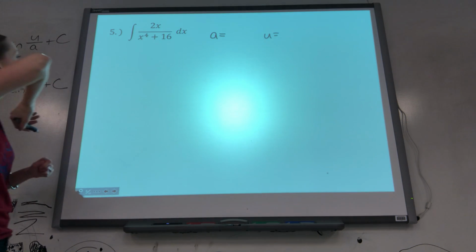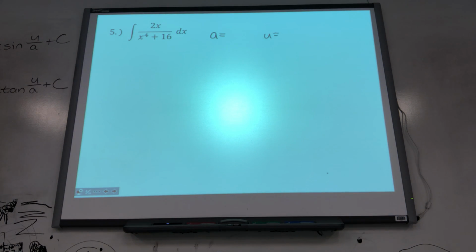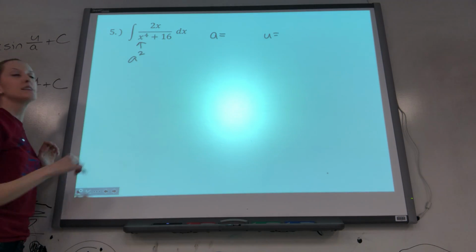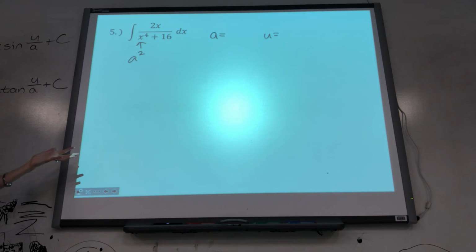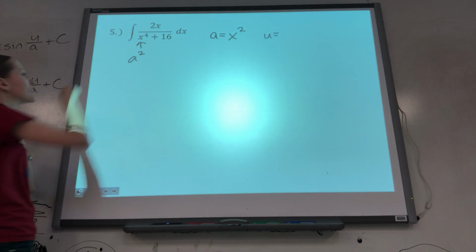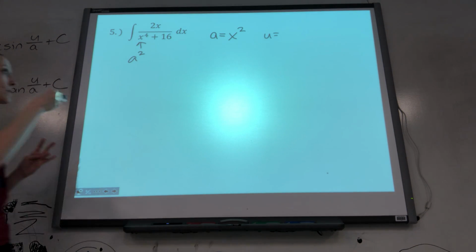Now, A, if you follow our formula for arctan, A is supposed to come from that first term. So if A squared is x to the 4th, what would A be? X squared. Again, it's kind of like taking the square root of those terms.